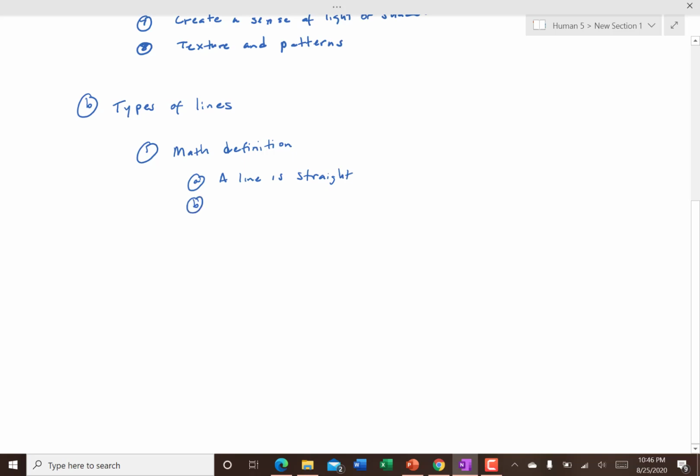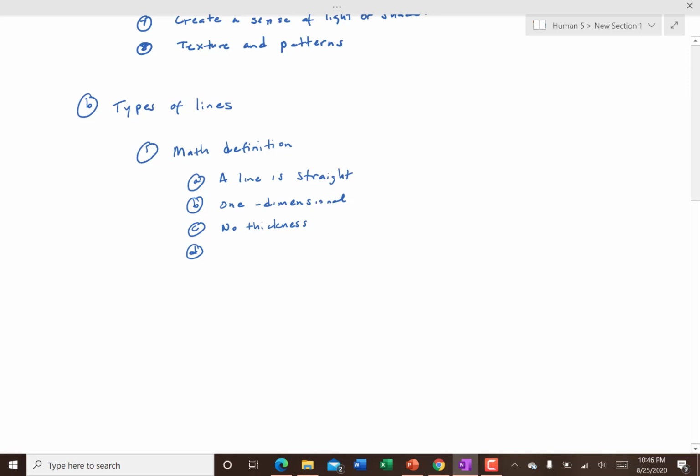So there's no kind of any perceived depth or dimension outside of the singular dimension of it. So one-dimensional. It is a figure that has no thickness.